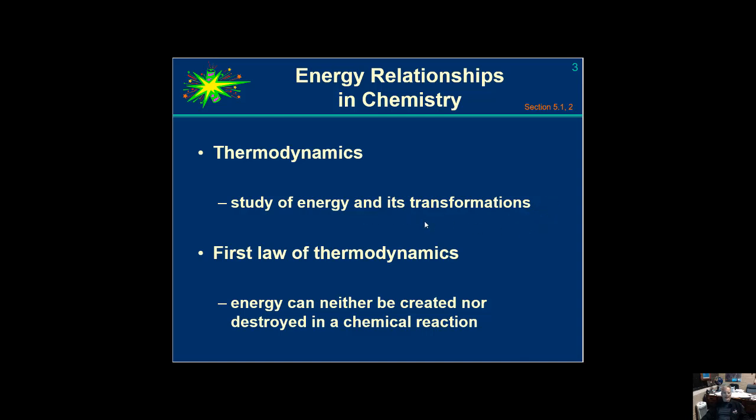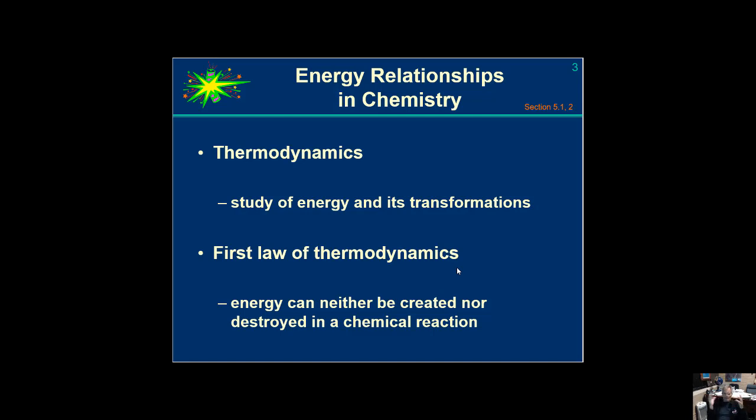And the first thing we need to take a look at is the first law of thermodynamics, which simply says that energy can neither be created nor destroyed in a chemical reaction. Now, that is really a very large idea.